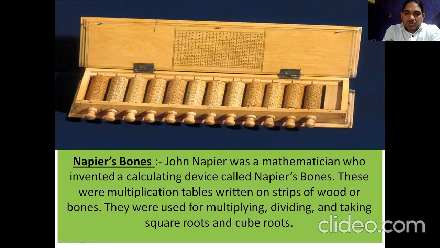Mostly it is told that these were multiplication tables written on strips of wood. They were used for multiplying, dividing, and taking square root and cube root. Compared to the earlier abacus, you can see a little modification Napier's Bones has done.